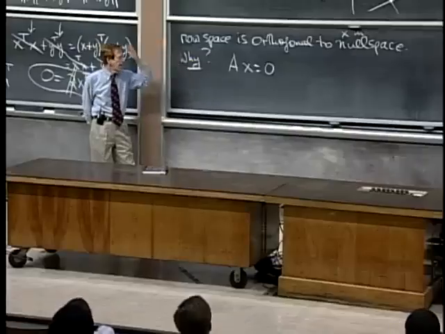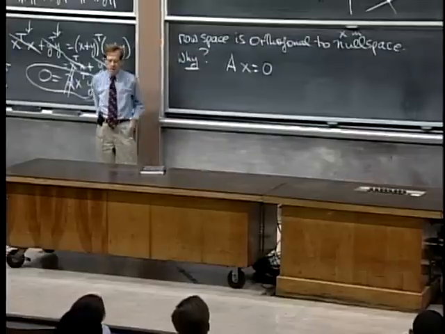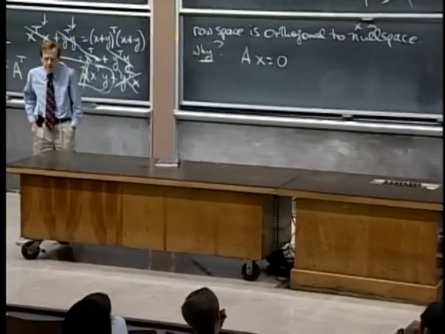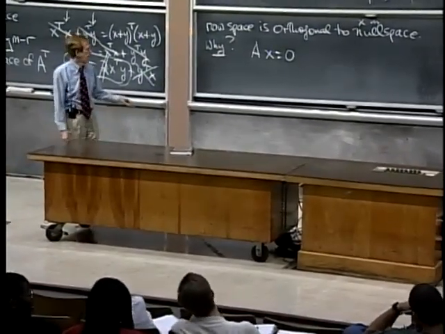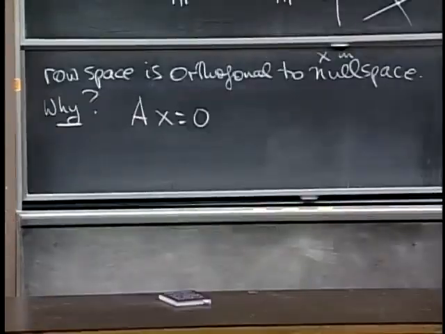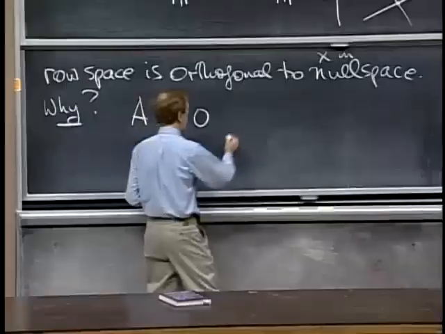So why is it orthogonal to the rows of A? If I write down Ax equals 0, which is all I know about the null space, then I want you to see that that equation right there is telling me about the rows of A. Let me write it out.